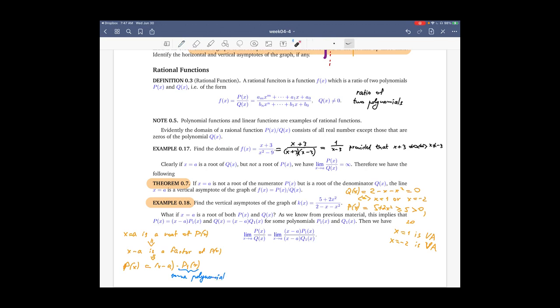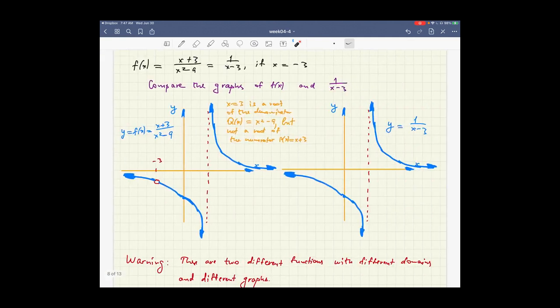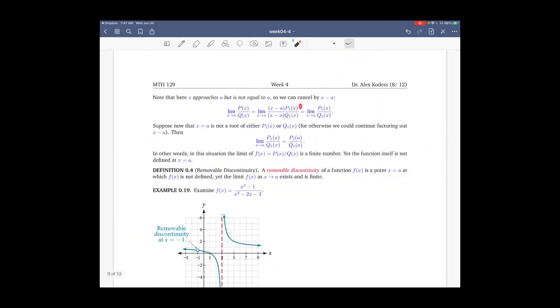And the same is true about the denominator q. Since a is a root of q, x minus a is a factor of the denominator q, so q may be written as x minus a times some other polynomial q1. So what we have here is this.